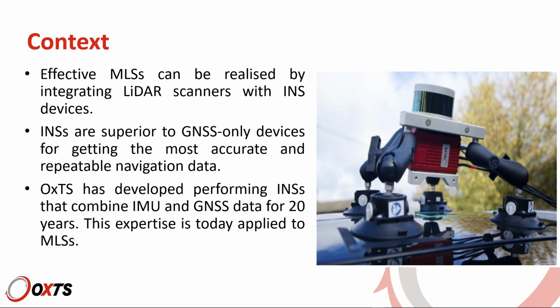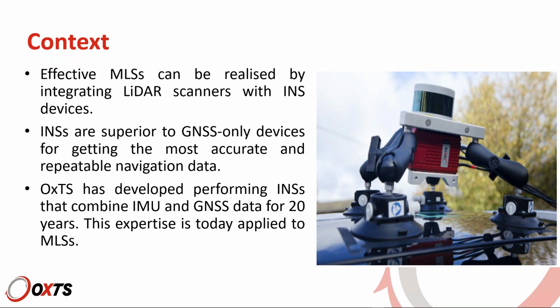The reason it is recommended to use INS as opposed to GNSS only devices is that INS is capable of giving you more accurate data, and especially giving repeatable navigation data. We will see the importance of that in a minute.